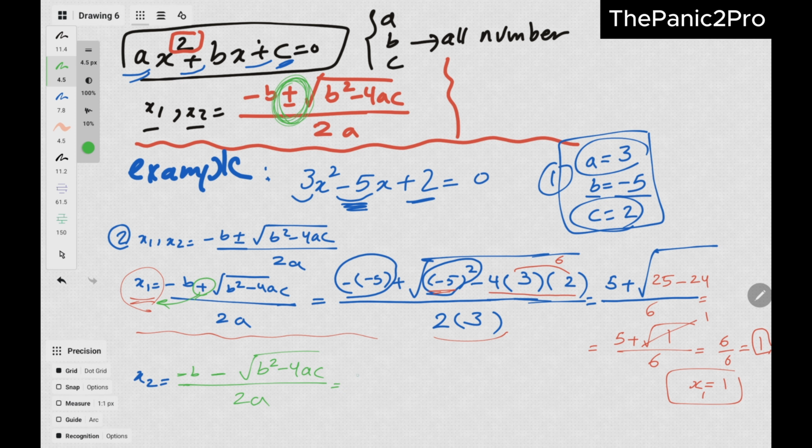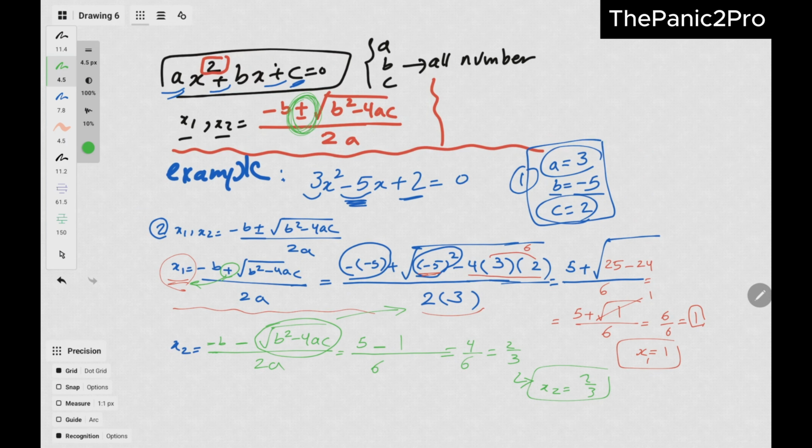So minus b was 5, minus, we had this calculated above, which was 1, and 2a was 6. The rest is the same as above. 5 minus 1 is 4 over 6. We can simplify that as 2/3. And this is x2, which is 2/3. We got x2 as well, right?